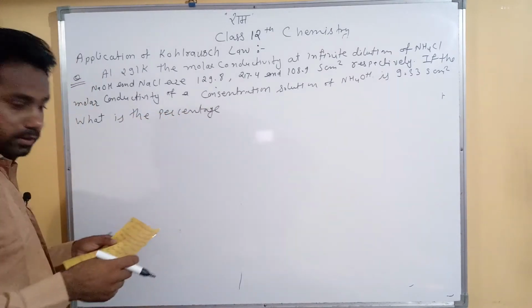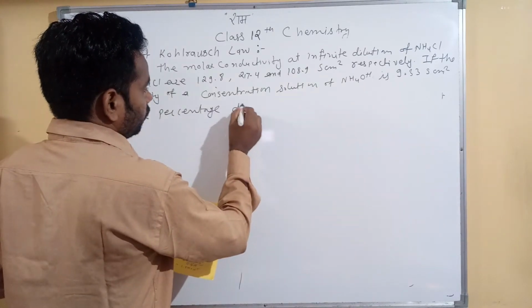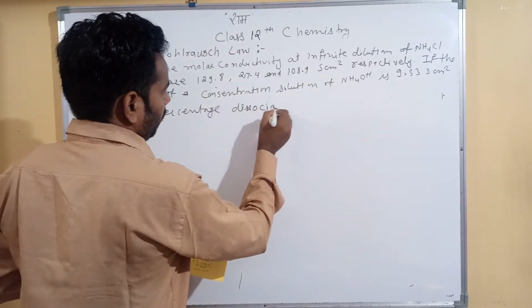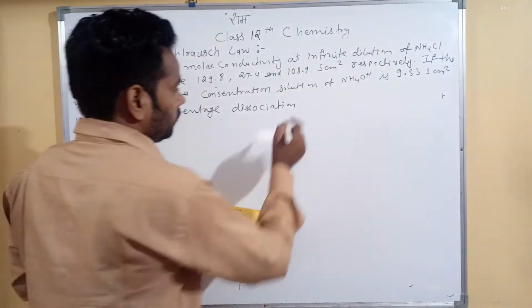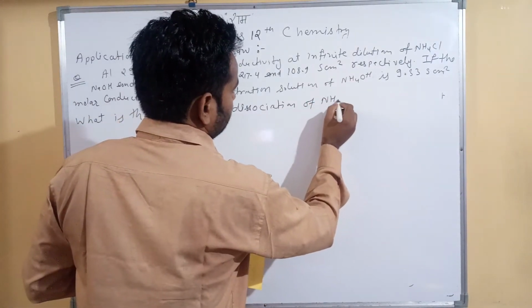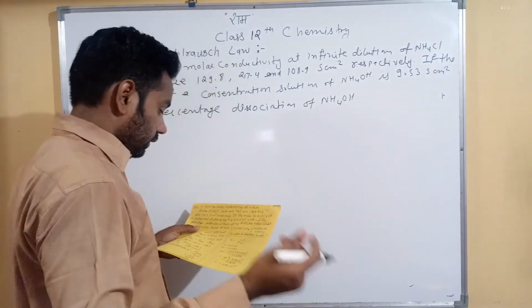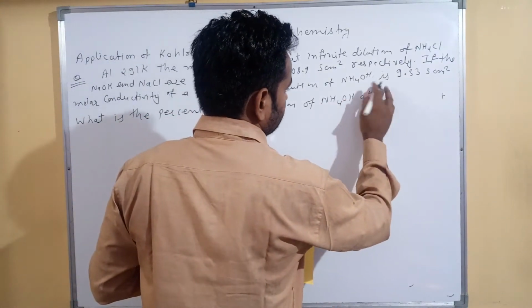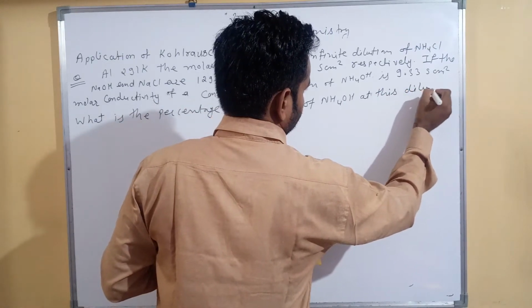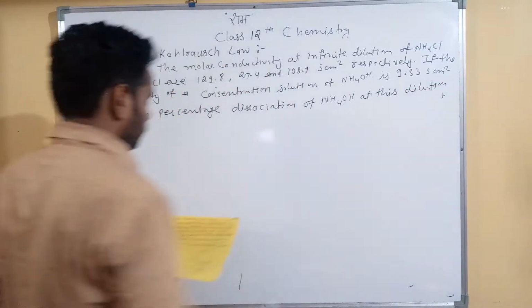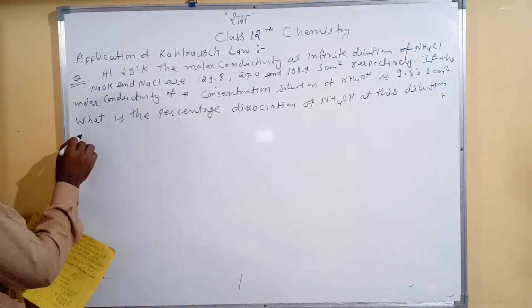Okay, a new word has come, percentage dissociation, but we know only about the dissociation constant. First we calculate the dissociation constant, then we calculate the percentage of dissociation. At this dilution. Okay, then there is also one more question.